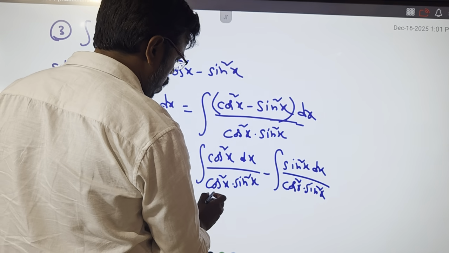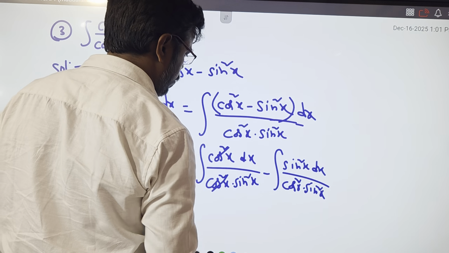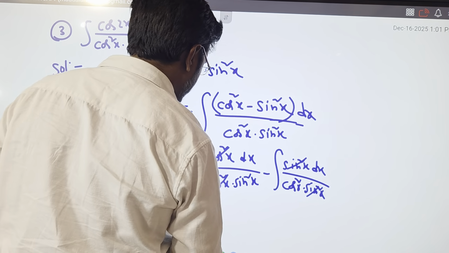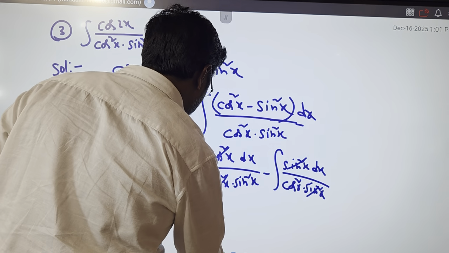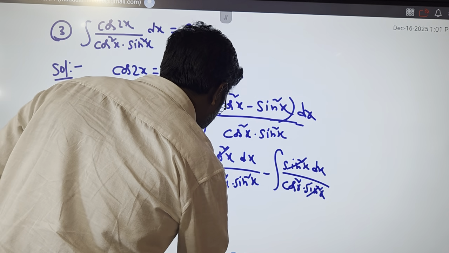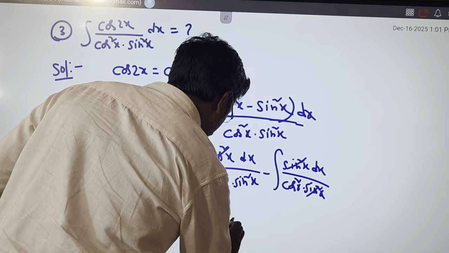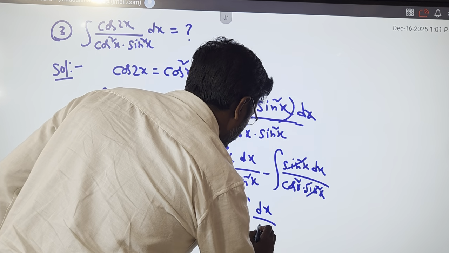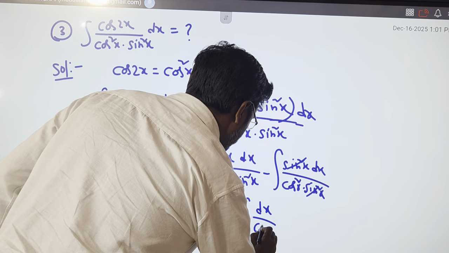In the first term, numerator cos square x and denominator cos square x get cancelled. In the second, numerator sin square x and denominator sin square x get cancelled. Remaining terms: integral dx by sin square x minus integral dx by cos square x.